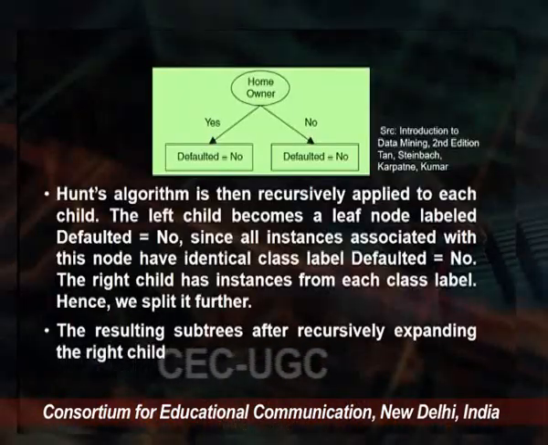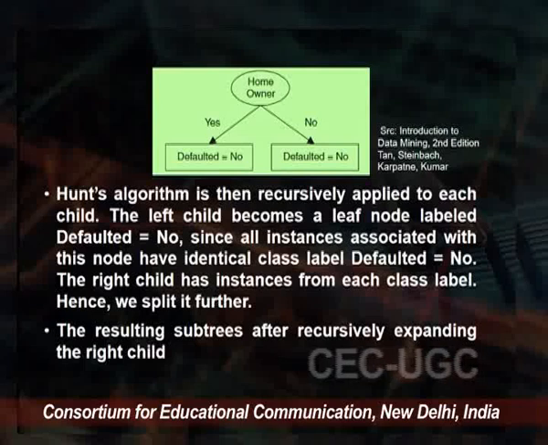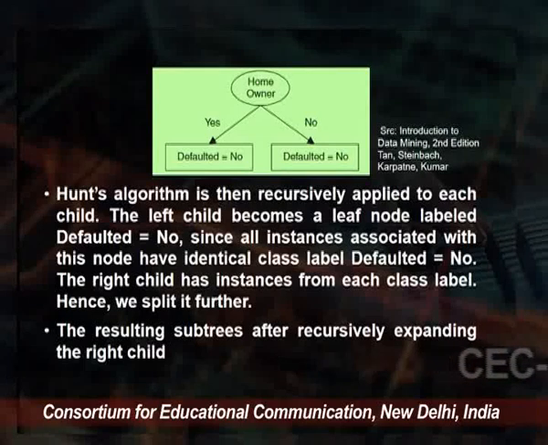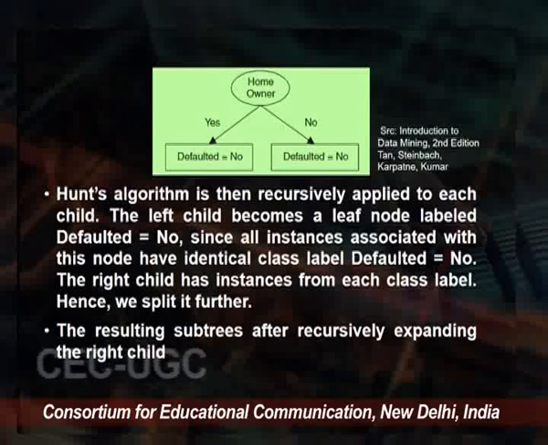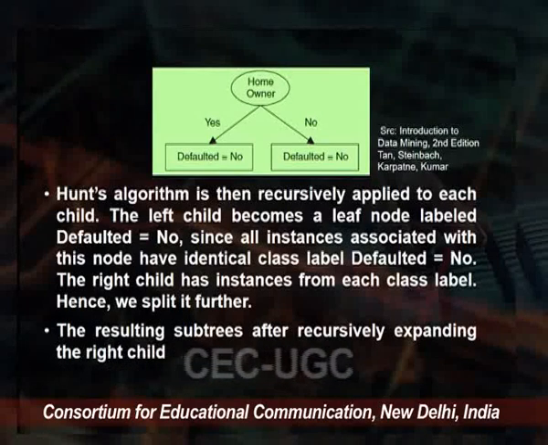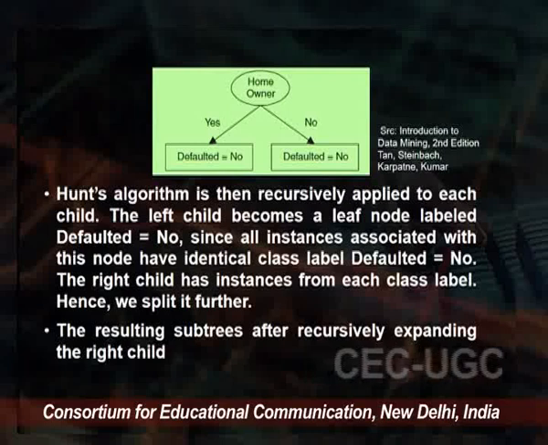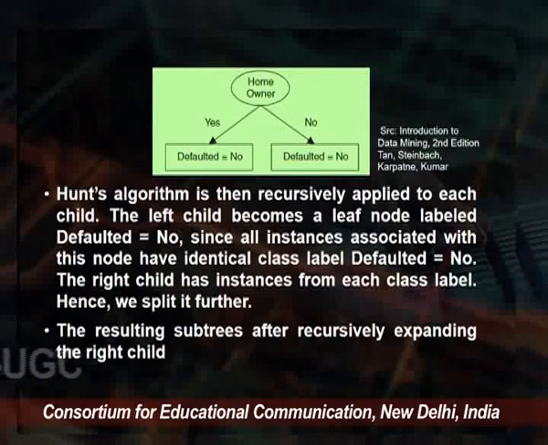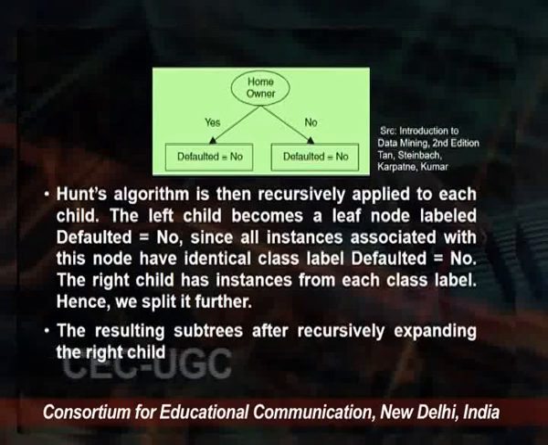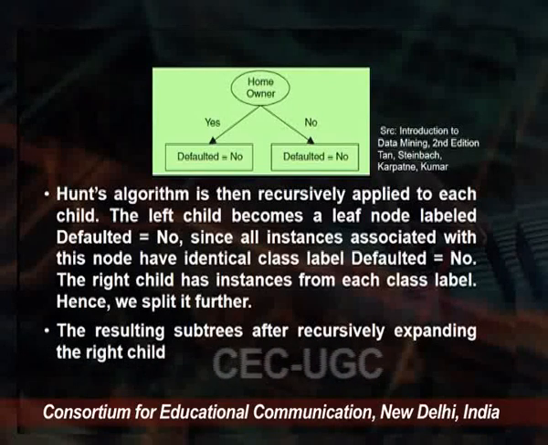Then in the next step, you have homeowner is equal to yes and the defaulter is no, and the cases where the borrower is not a homeowner, yet the defaulter is no. So Hunt's algorithm will be recursively applied to each of these children, to the left side and to the right side.